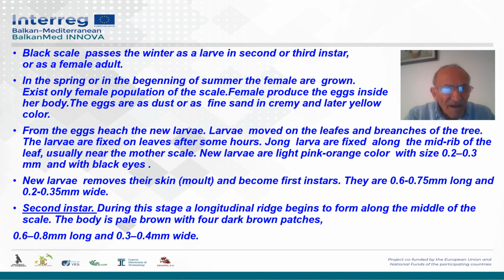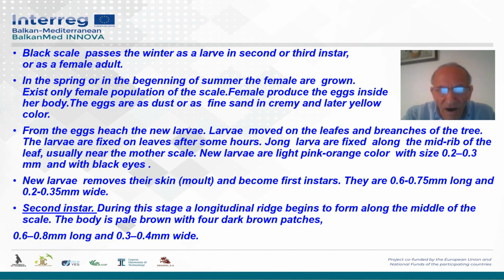The eggs are like dust or fine sand, creamy to yellow in color. From the eggs the new larvae hatch. The larvae move on the leaves and the branches of the tree. The larvae are fixed on the leaves after some hours. Young larvae are fixed along the mid-rib of the leaf, usually near the mother scale.